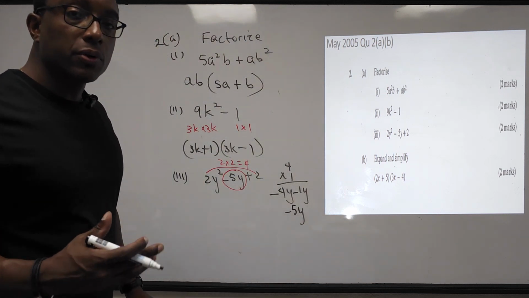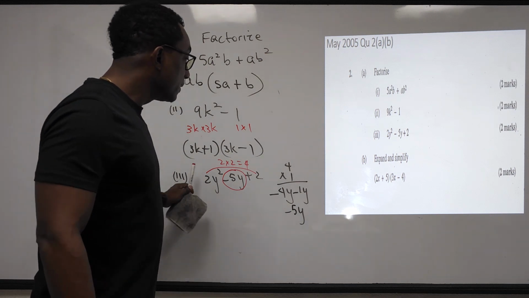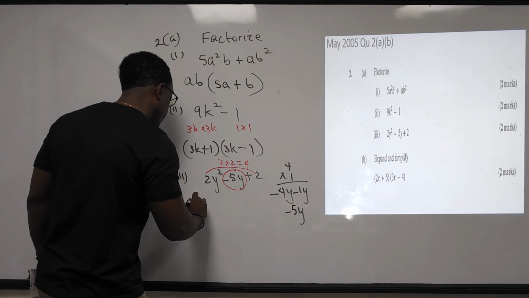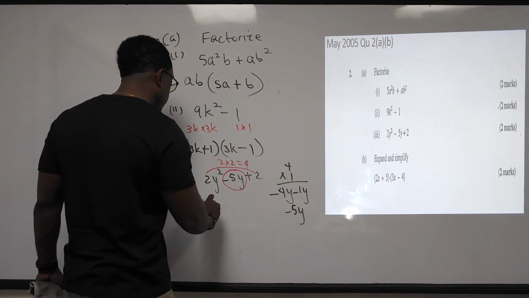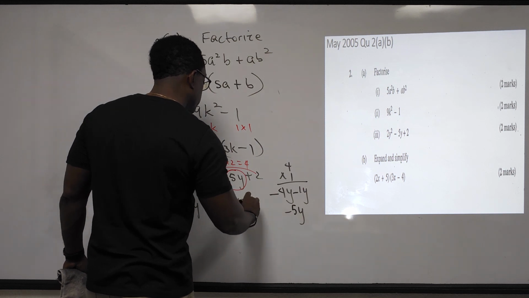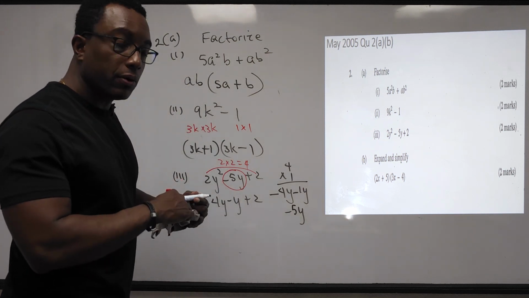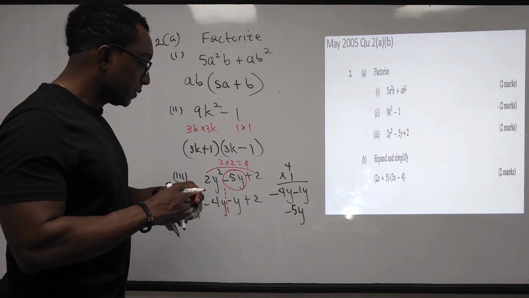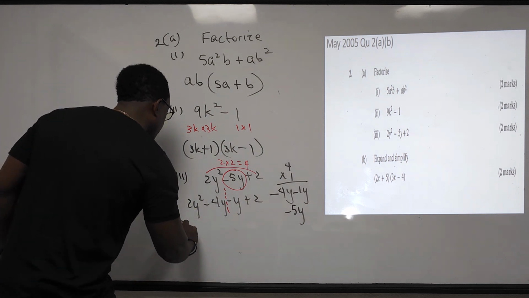And once that is right, we know we can proceed next with using the method of grouping, converting these 3 terms into 4 terms. I'm going to write 2y squared. I'm going to replace negative 5y with negative 4y, subtract y, plus 2. I pair off what is common to my first pair, clearly 2 and y.